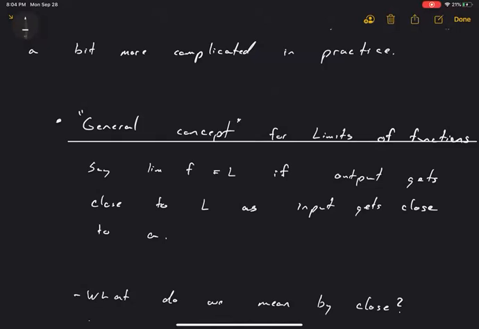We say the limit of f is equal to L if, and we're missing some stuff down here, I'm leaving it out on purpose, the output gets close to L as the input gets close to A. So when we write limits, we usually have something that symbolizes the input getting close to A. We say the limit of f is equal to L if, as the input gets close to A, f is getting close to L. Okay. So that's all real general.